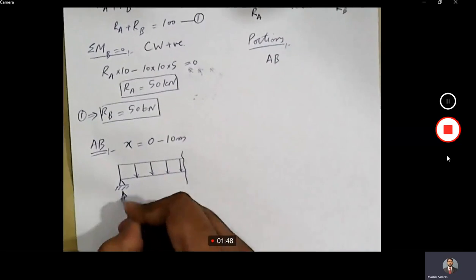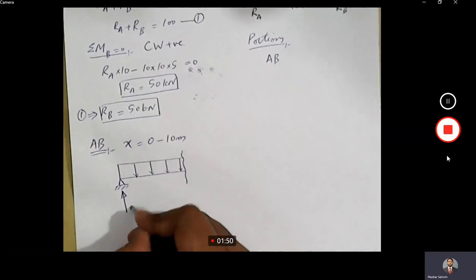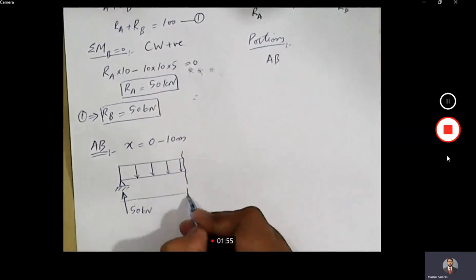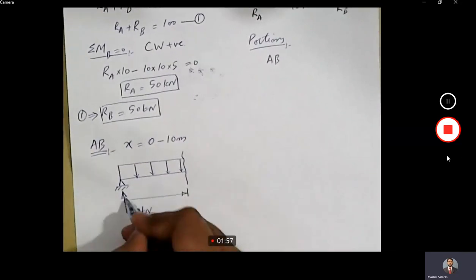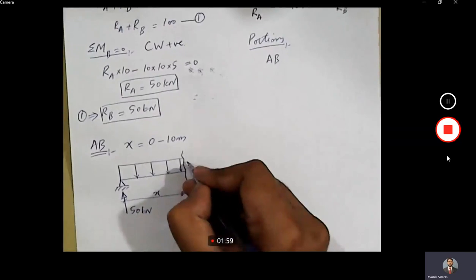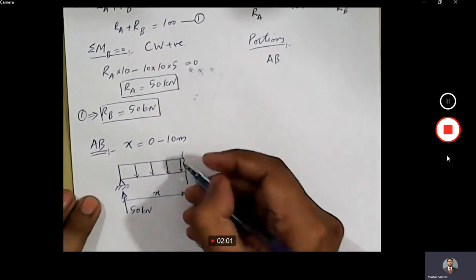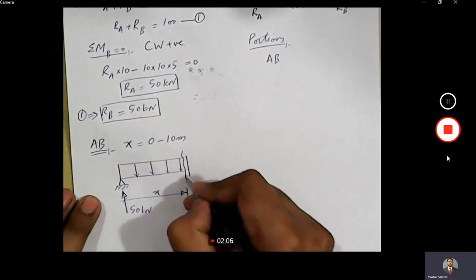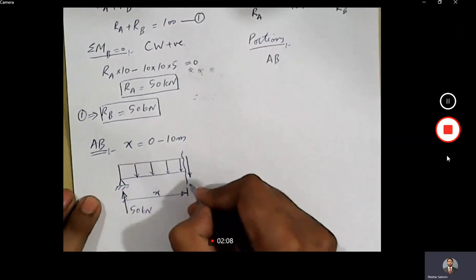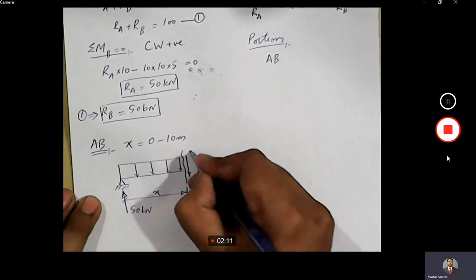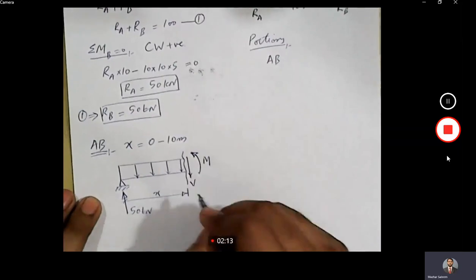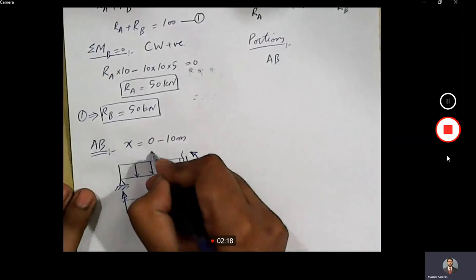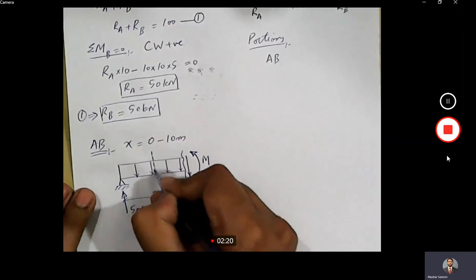We have one reaction here. Magnitude of the reaction is 50 kilonewton. This location is X. And what else do we have here? Shear force V, bending moment M. The resultant of this force will be acting here.